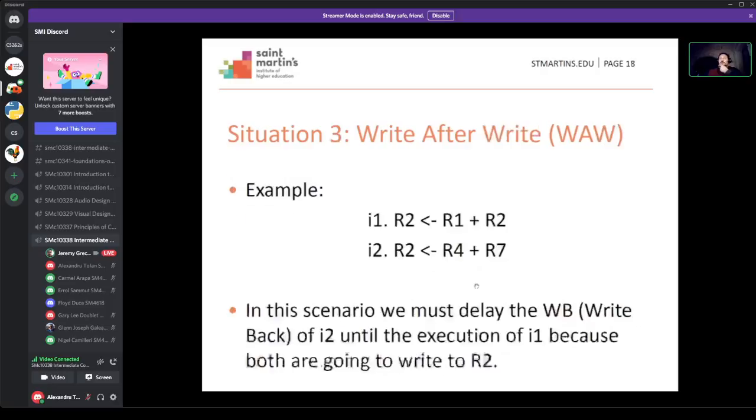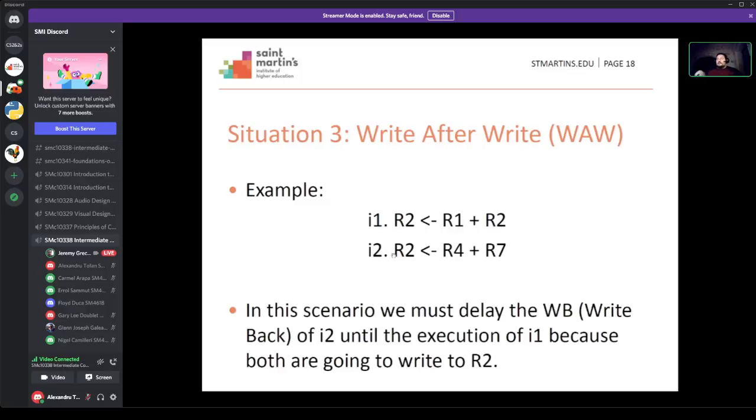The third situation is the write after write data hazard. Essentially, the write after write data hazard is going to manifest itself when there is some form of delay to the write back function, in this case of instruction 2.